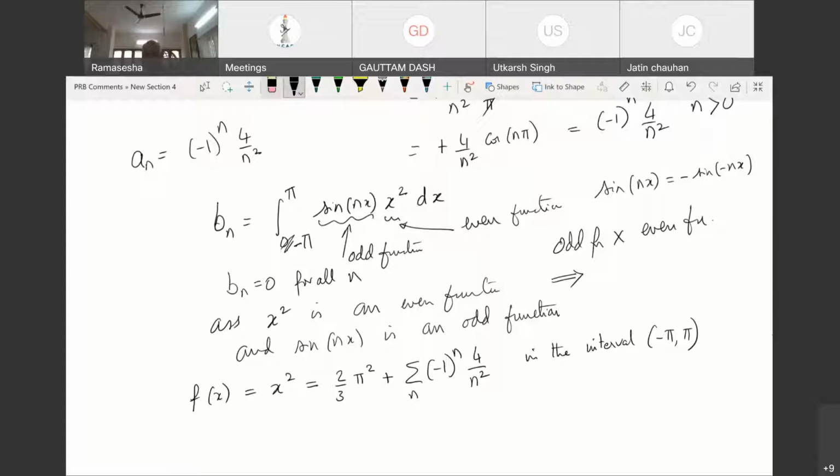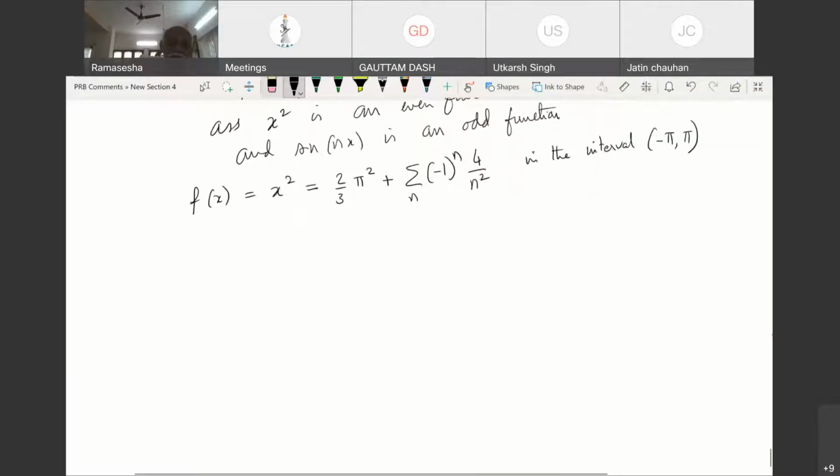So only even functions will give you a contribution. Odd functions won't give you a contribution. And of course, the constant is always an even function. So you will have the constant term equal to 2 by 3 pi squared. Okay, so this is an example where I've just expanded a function in a Fourier series; it can be any periodic function, it does not matter. Now, Fourier series in general.